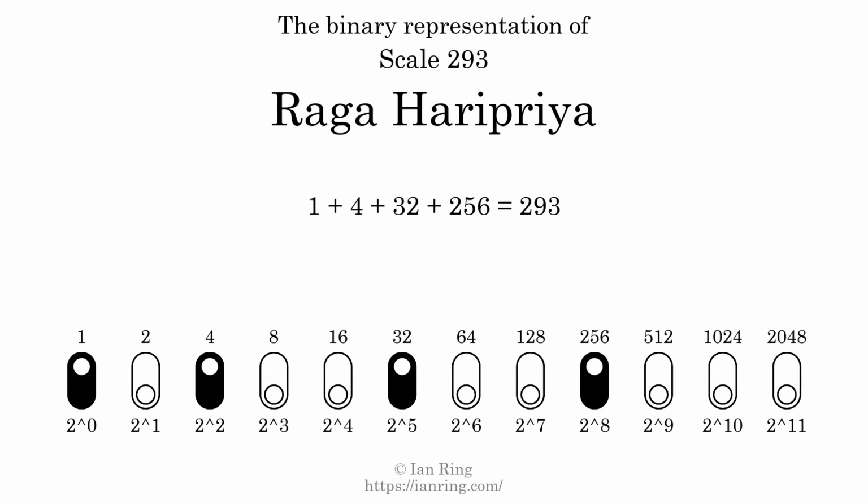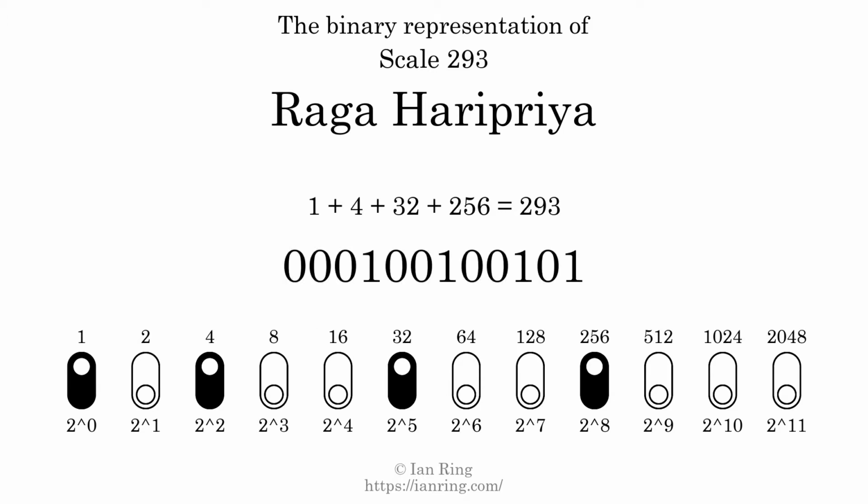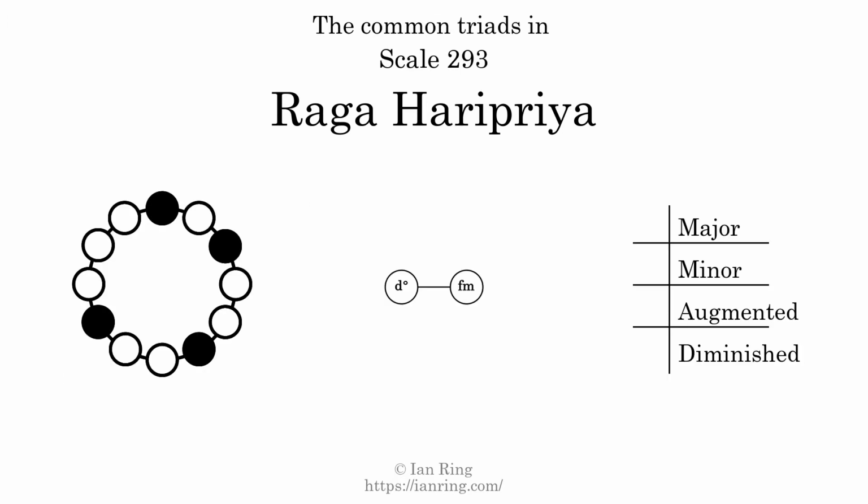That is why the scale number, in decimal, is 293. The scale number not only enumerates the scale with a unique index, but it also literally describes the tonal content of the scale. Represented as a binary number in base 2, the scale number is 0001001001001.